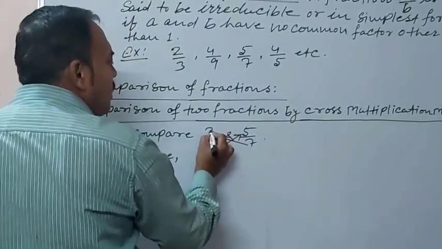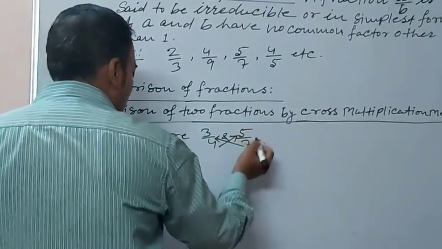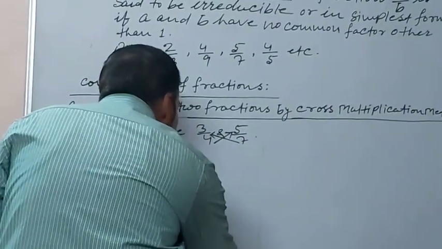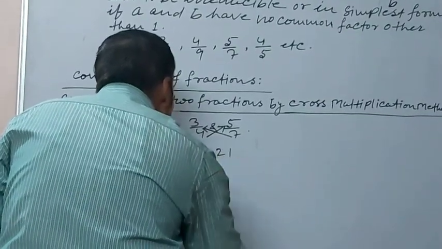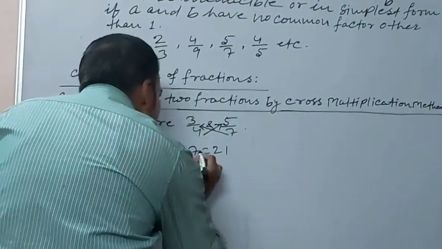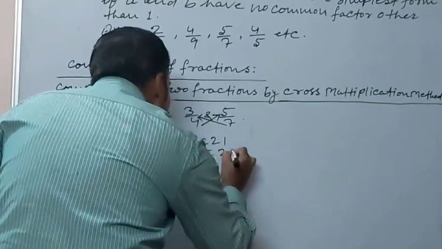Denominator multiplies to numerator and denominator multiplies to this side of numerator. So 3 into 7 equal to 21 and 4 into 5 equal to 20.